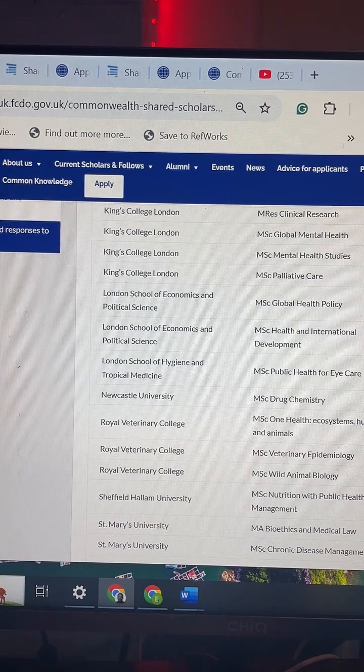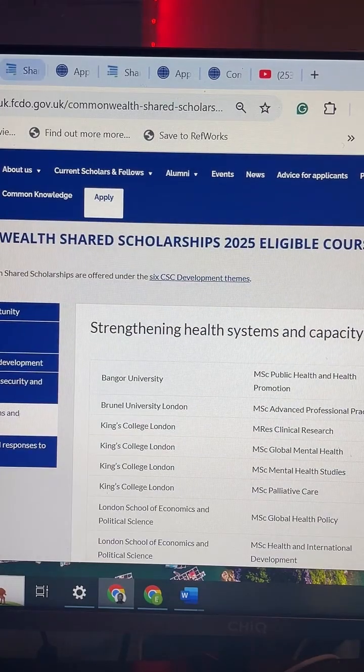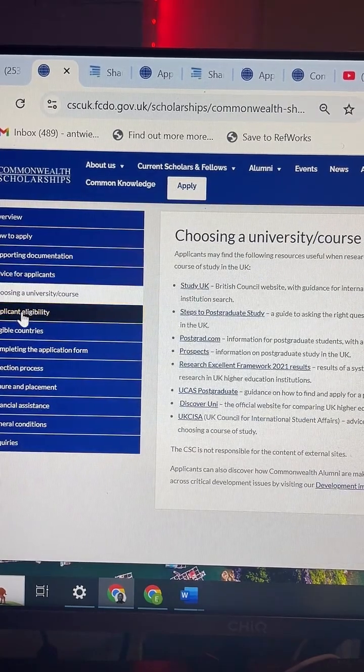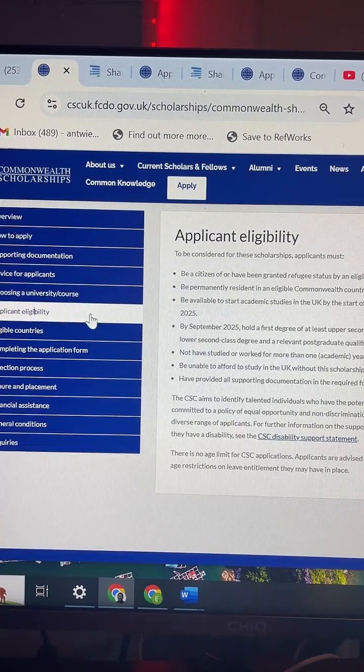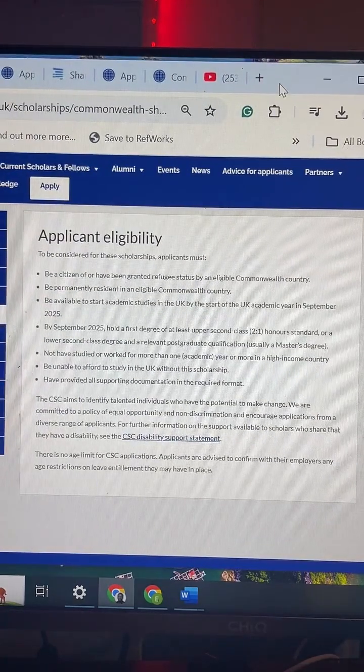There are a lot of universities, there are a lot of courses. Just go through it, select as many of the courses as you can and the schools that are offering the courses, and then we will be looking at some of the important things that you need to be aware of once you've selected them. So that is on that part. Let's go back.